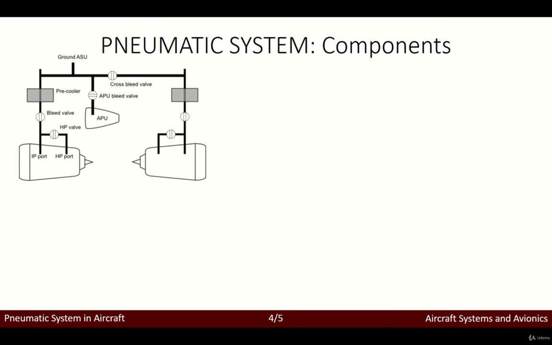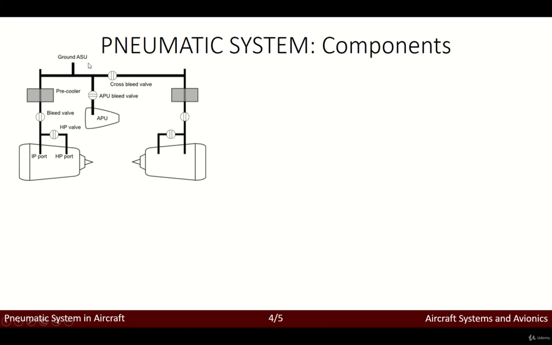This valve means that if we cannot use, for instance, this engine, we would simply use the other engine and open this cross bleed valve, and that engine would operate for all pneumatic subsystems.